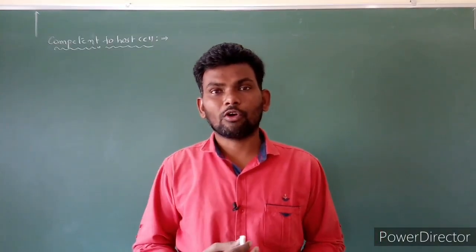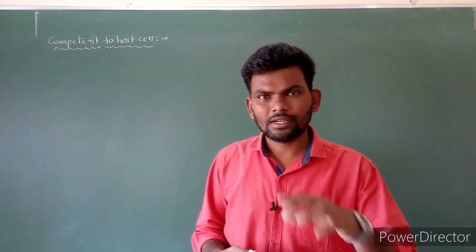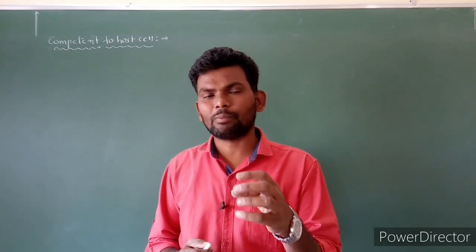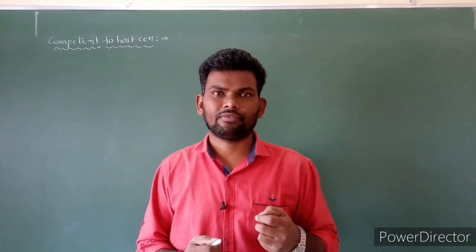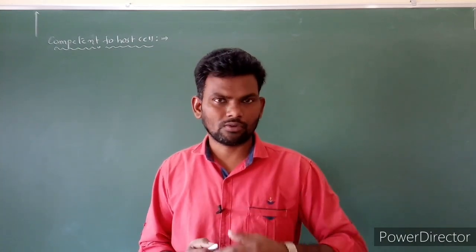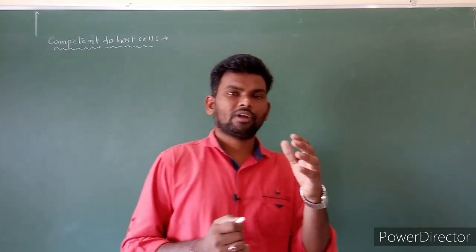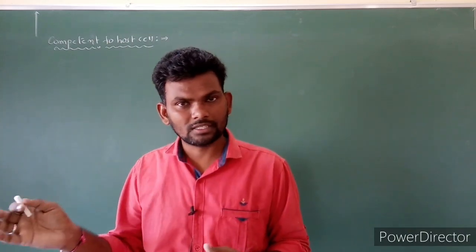Next, competent host cell. Here competent means the ability to receive plasmids or DNA from outside to inside of the cell. So that is actually competent to the host. Got the point? For example, we prepared one recombinant DNA, and here E. coli bacteria is ready.